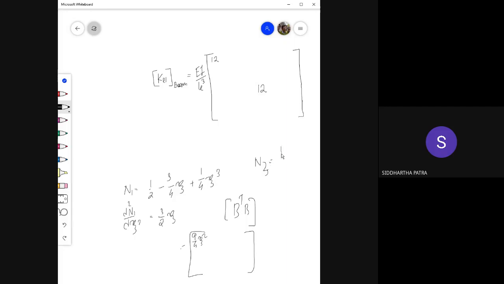N3 is half plus 3/4 xi minus 1/4 xi cube. If I take the double derivative, do I have to integrate every element matrix term?